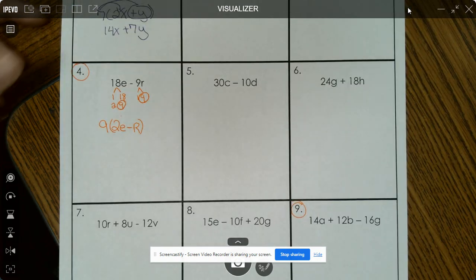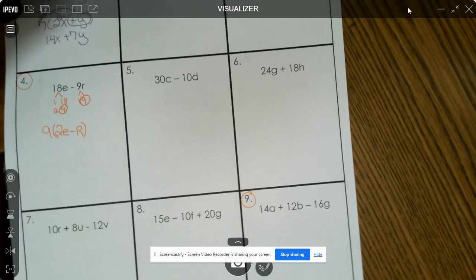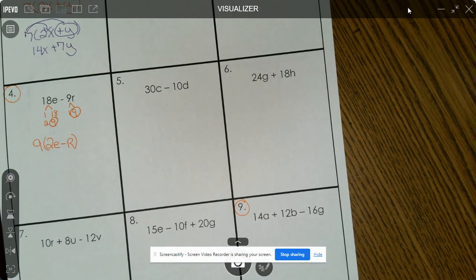Go ahead and do number 14. Or I'm sorry, number 9. This way you only get the greatest common factor, so you don't have to keep going through it.